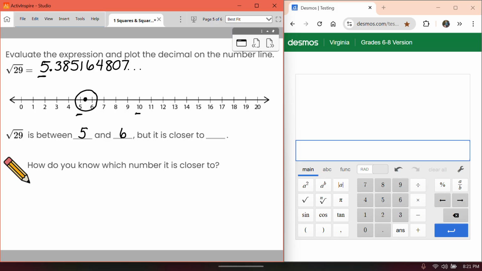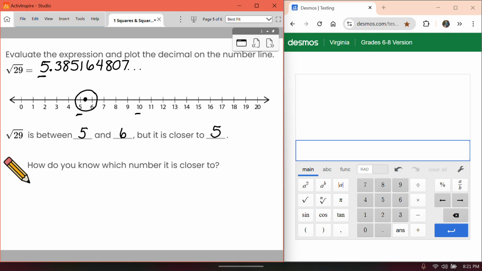And then when we're deciding which one it's closer to, you can look at your number line if you did a really good job of plotting it, or maybe you just know 5.3 or 5.4 is closer to 5. And I think the easiest way to do that is to talk about rounding. So how do you know which number it is closer to? You would round it and it would be closer to 5.